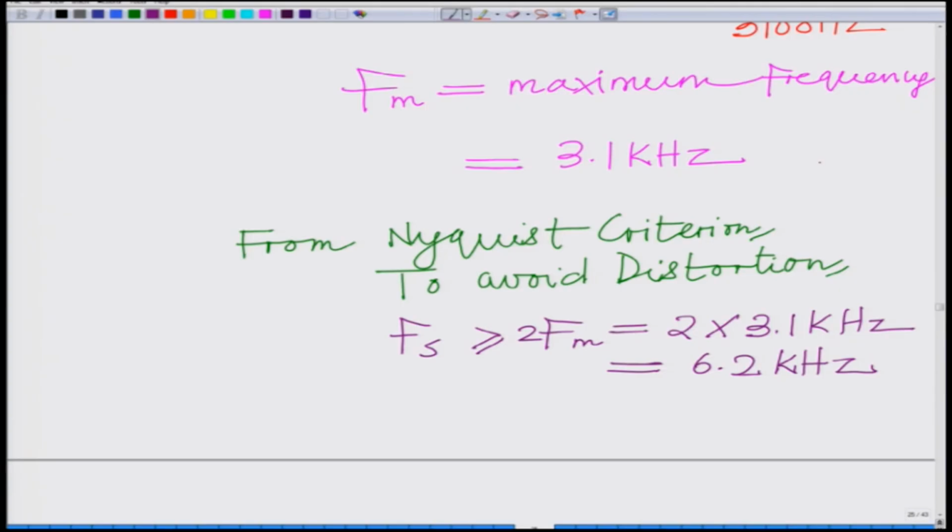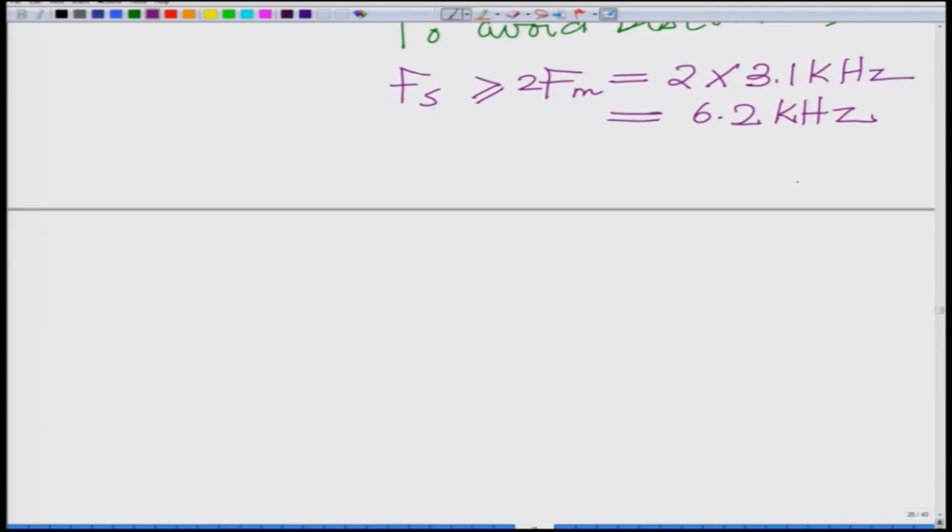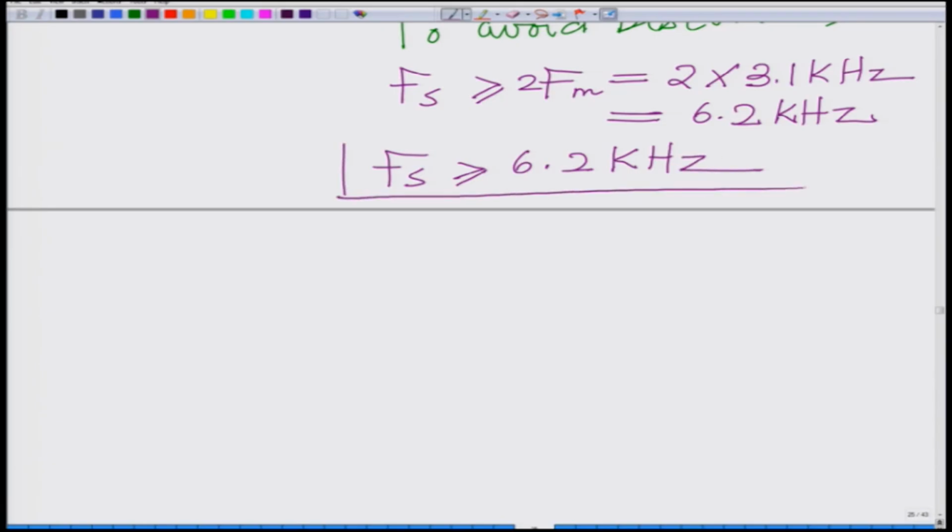Okay. So, we need a minimum Fs of 6.2 kilohertz to avoid aliasing. We know this, right.